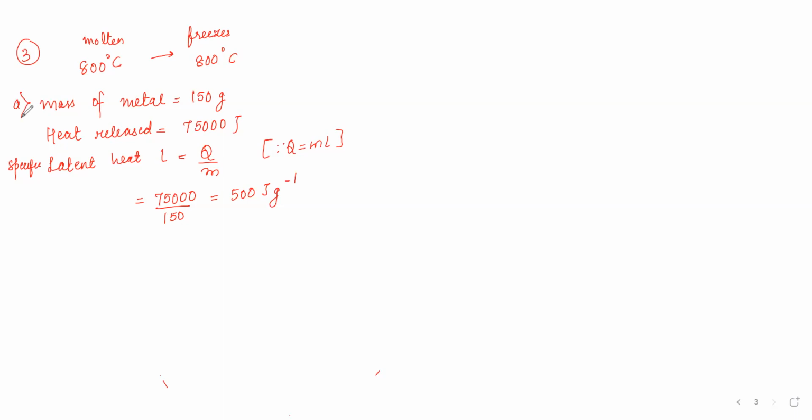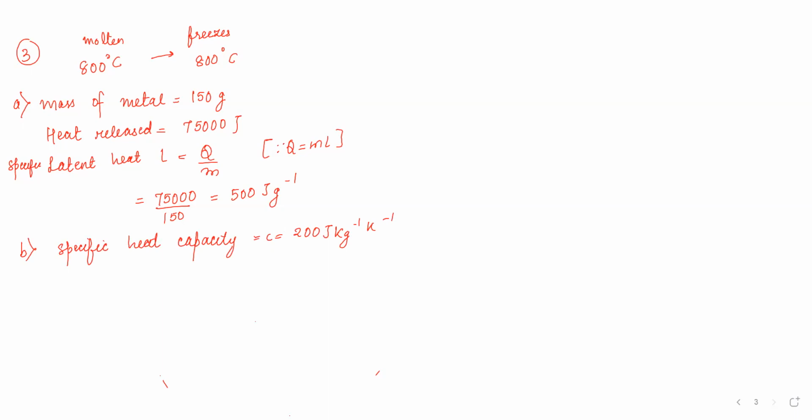Now for the second sub question, what is happening? If the specific heat capacity of the metal is, so write down the specific heat capacity, C, which is equal to 200 joule per kg per Kelvin. How much additional heat will the metal give out in cooling to minus 50 degrees Celsius?